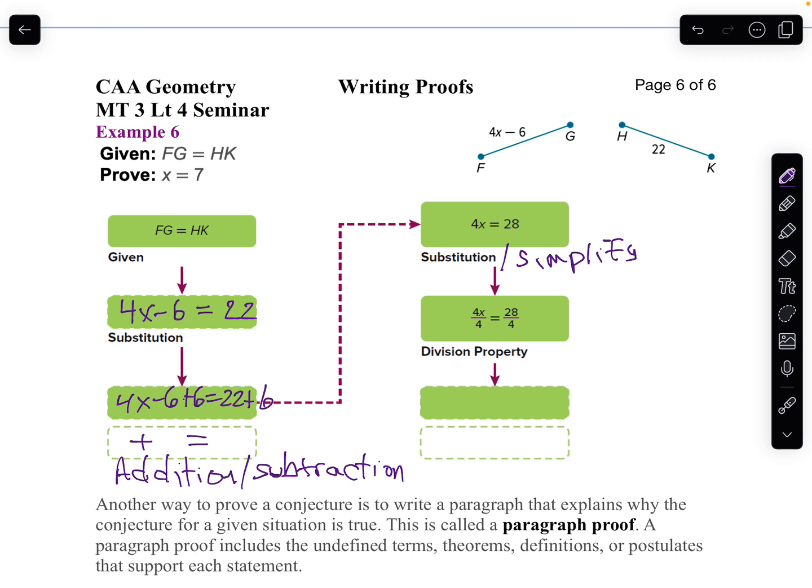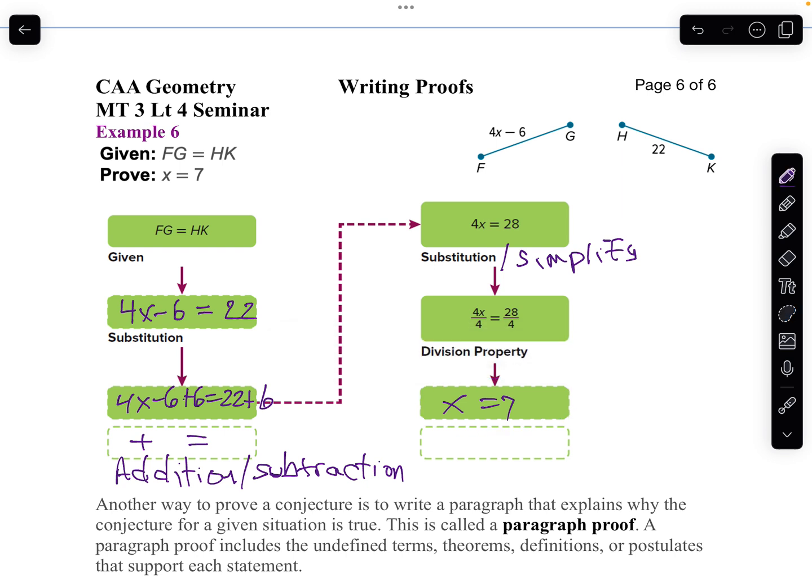You probably should defer to your textbook at least to start with, because that's what you're going to do on your assignment. And then notice we divided both sides by 4. And then I'm going to write x equals 7. And how do I know? Whoops. I almost made the mistake a lot of you make. I put in my statement for my reason.